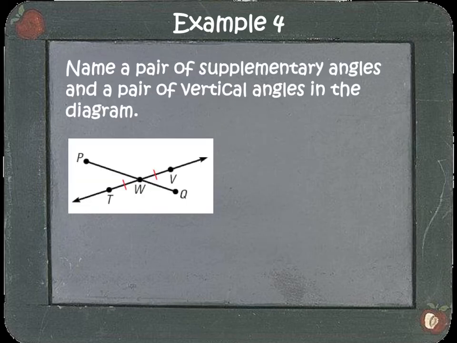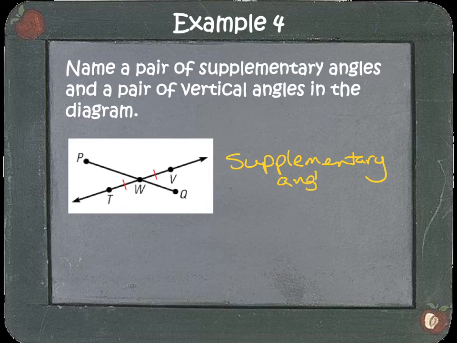Last example. It says name a pair of supplementary angles and a pair of vertical angles in the diagram. So let's go through and find all our supplementaries. And I'm going to name them with 3 letters. Remember, supplementary angles are 2 angles when you add them, and they equal 180 degrees.